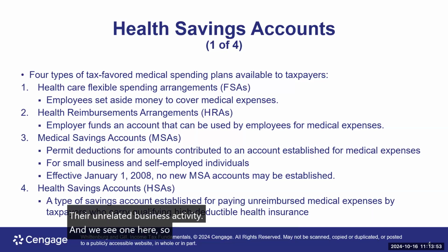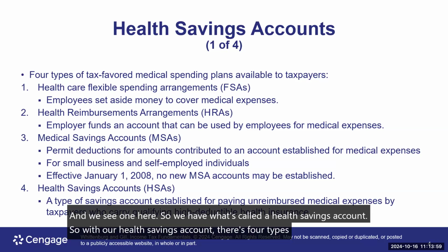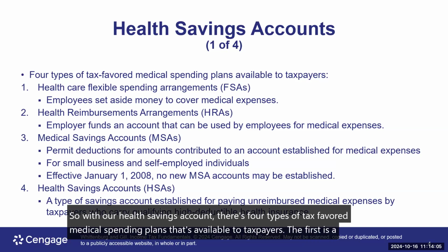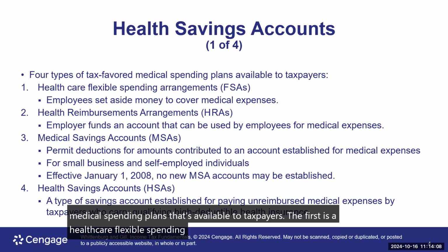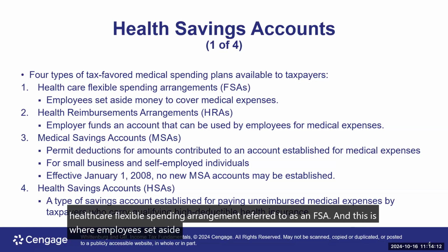We have what's called a health savings account. There are 4 types of tax favored medical spending plans available to taxpayers. The first is a health care flexible spending arrangement, referred to as an FSA, where employees set aside money to cover medical expenses.